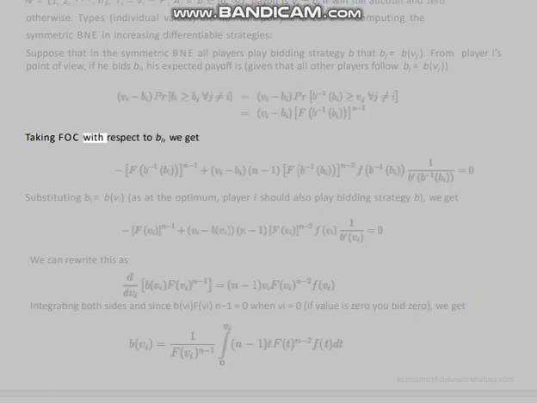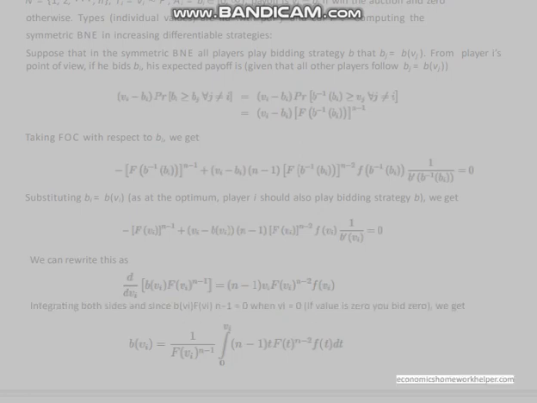Taking FOC with respect to b_i, we get. Substituting b_i equals B(v), as at the optimum player i should also play bidding strategy B, we get. We can rewrite this as integrating both sides, and since B(v)F(v)^(n-1) equals 0 when v equals 0, if value is 0 you bid 0, we get.